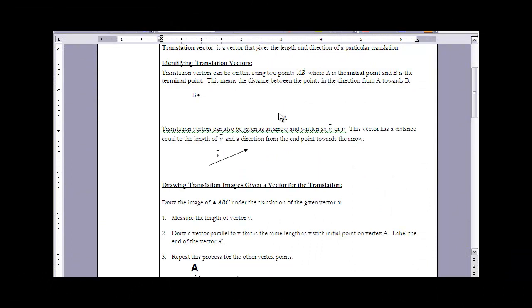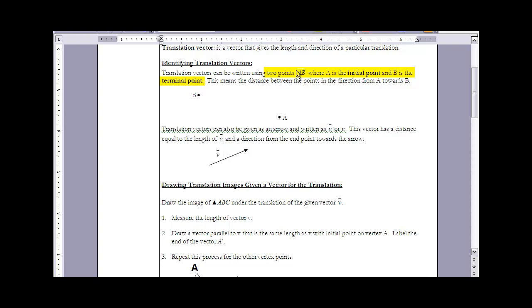Let's look at how we can identify translation vectors. There are a couple of different ways they can be represented. The first way is with two points. If we have a point A and a point B, we have the translation vector AB.